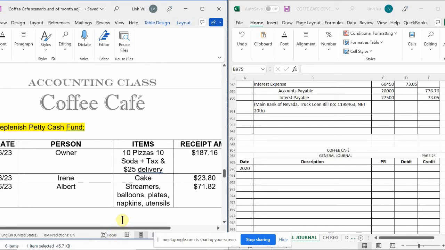Good, right? So they had a family and friends on-the-house party to celebrate the grand opening of their store. So in this case, the owner took some money, Albert and Irene took some money. So what do we do to replenish the petty cash fund?